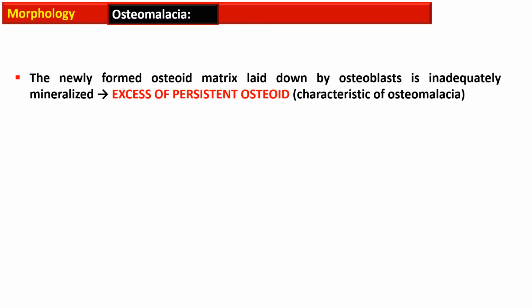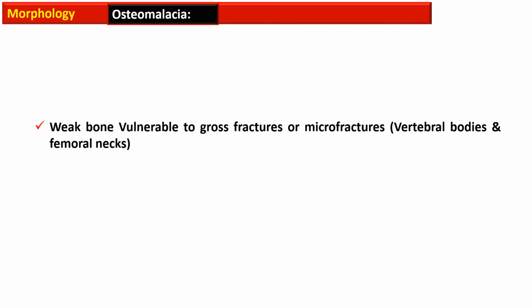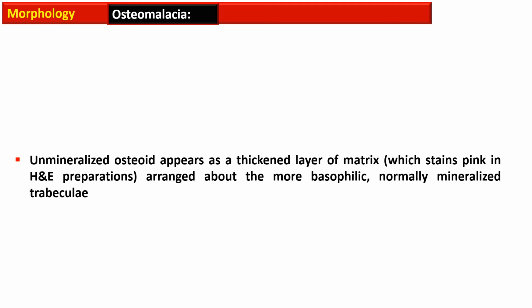Osteomalacia is characterized by the presence of excessive or persistent osteoid, and the contour of the bone is not affected, but these weak bones are vulnerable to crack fracture or microfracture, and the important areas are vertebral bodies and femoral neck.